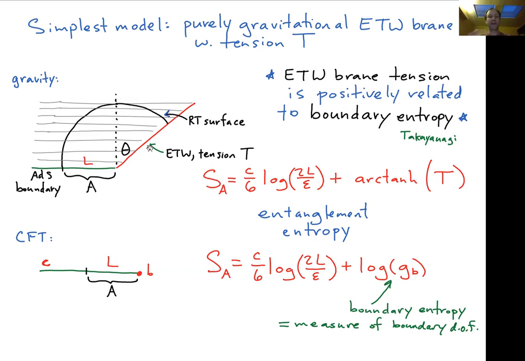If we use Poincaré coordinates for AdS, then this end of the world brane just goes off at some particular angle. And the angle increases as the tension of the brane increases.